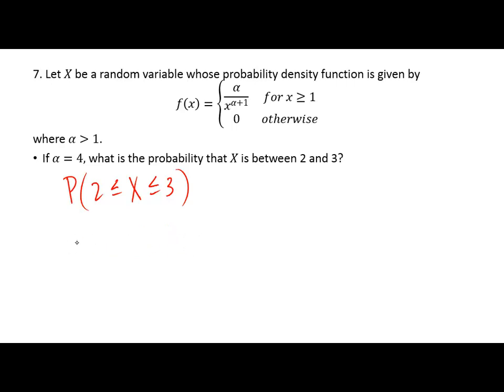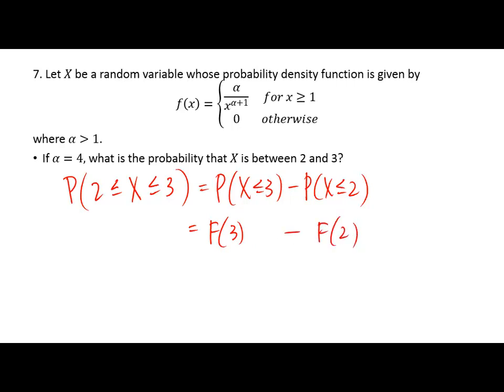Very good. Put this in terms of the CDF. This is the probability that x is less than or equal to 3 minus the probability that x is less than or equal to 2. That's the CDF at 3 minus the CDF at 2. Now with alpha equal to 4, I can use what we just found on the previous slide. This is 1 minus 3 to the negative 4, minus 1 minus 2 to the negative 4.